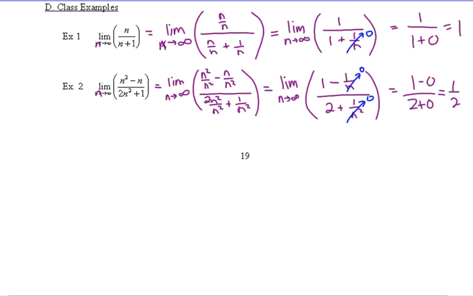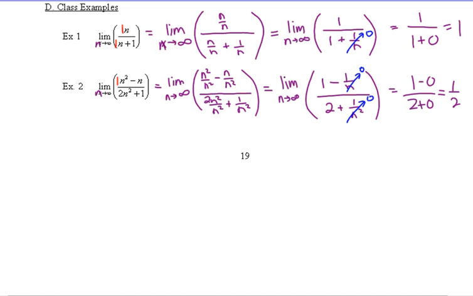The degree of the numerator is 2, and the degree of the denominator is also 2. If we look at those equal degrees, this was 1 and 1, and our fraction became 1 over 1, or 1. Here, the degrees give 1 over 2, and as it approaches infinity, it approaches 1/2.